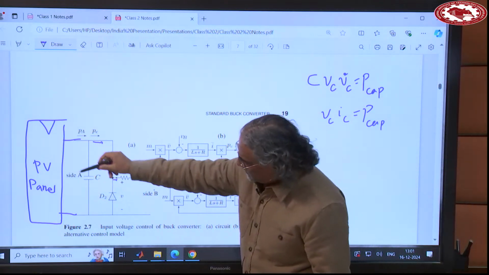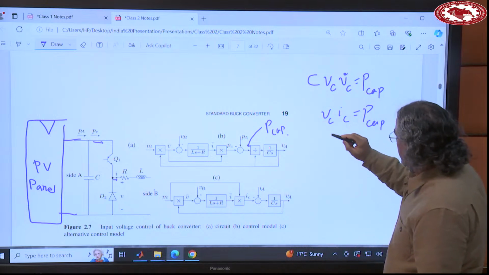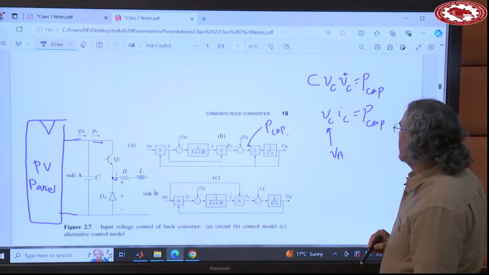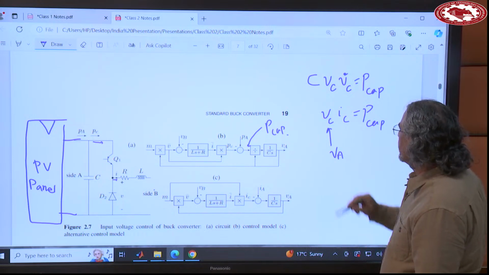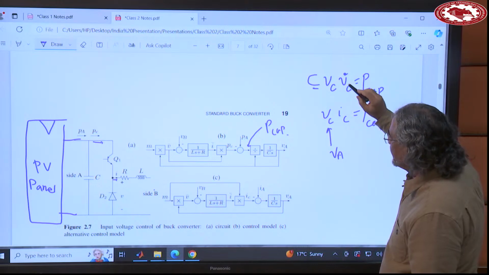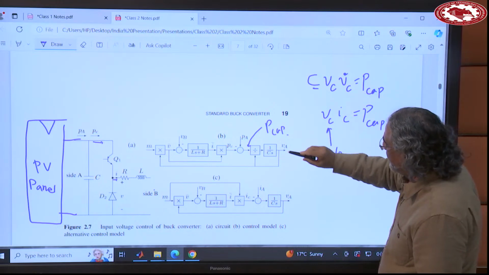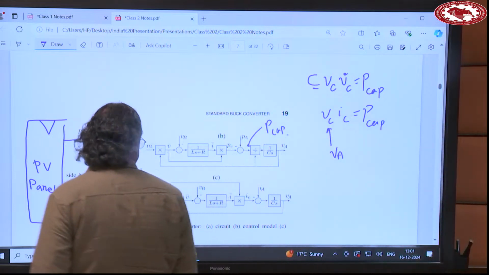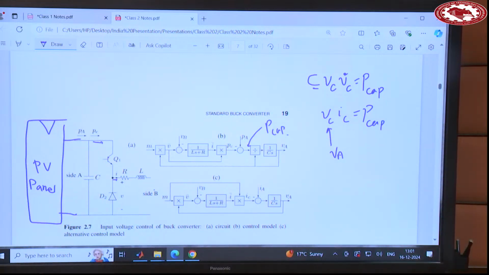VA and VC are the same. So you divide it by VA. And again divided by C, that becomes VC dot. Integrate that one, that becomes VC. Okay, so that is as far as power is concerned.